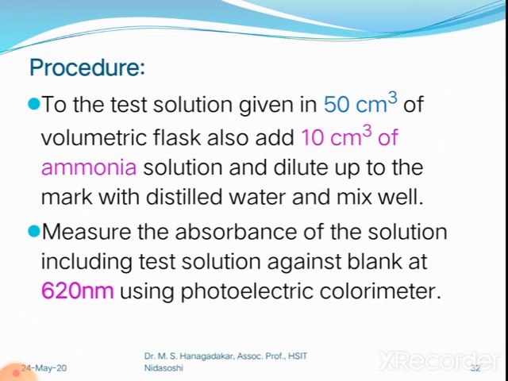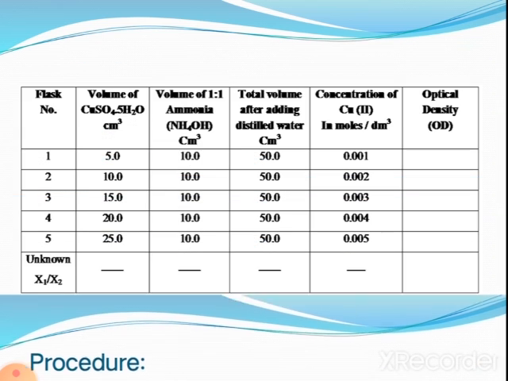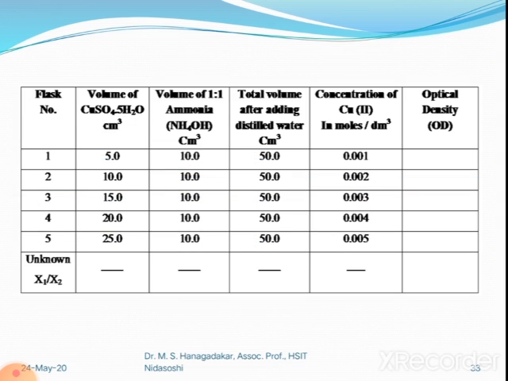tabular column. So the tabular column for the colorimetric estimation is as follows. As you know, you have taken 5 flasks labeled with flask numbers 1, 2, 3, 4 and 5, and this is the unknown sample given by the lab or the teacher.